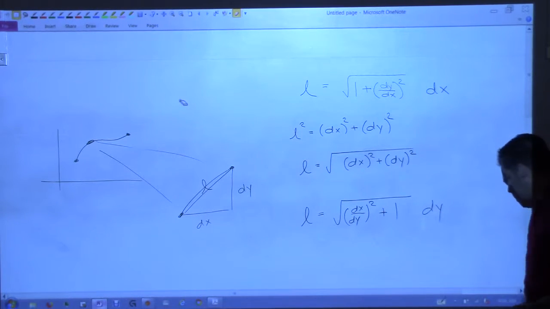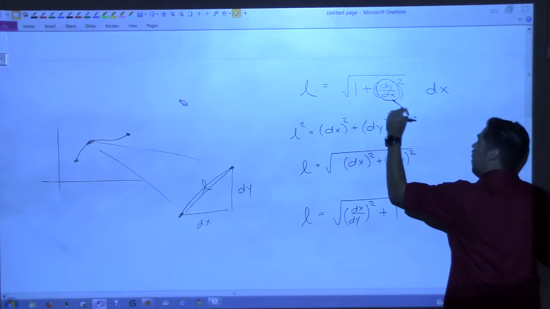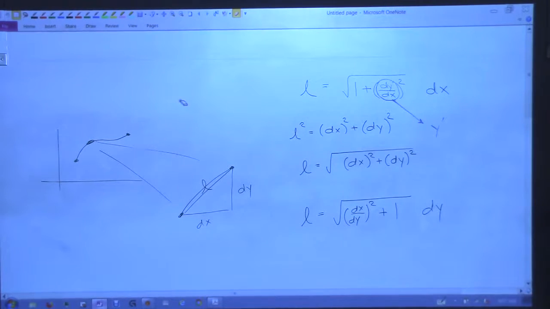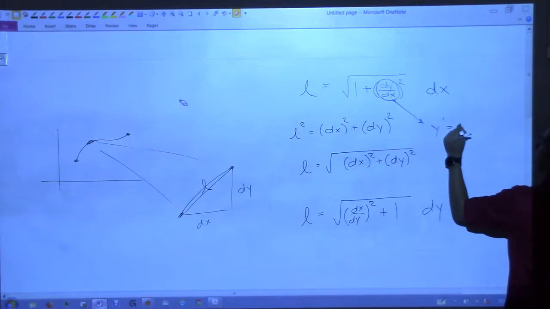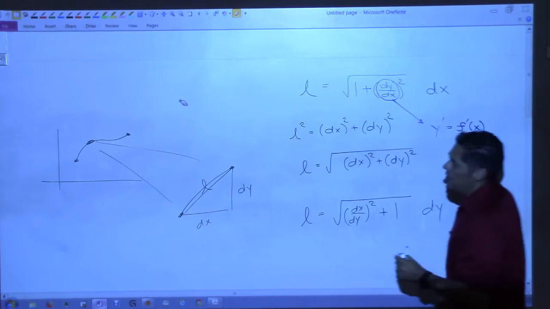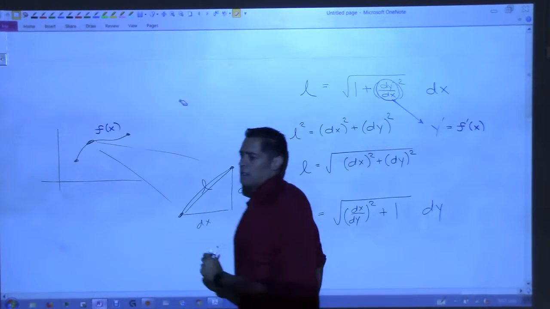So the difference between these two approaches is that this right here would mean y prime, which would mean that we would need to take the derivative of our f function with respect to x. That would be if our curve f was a function of x, right?